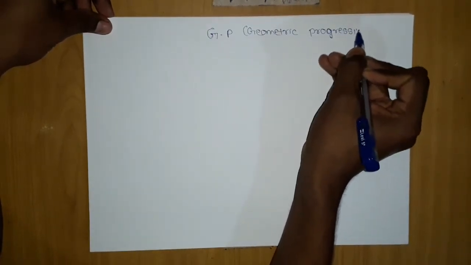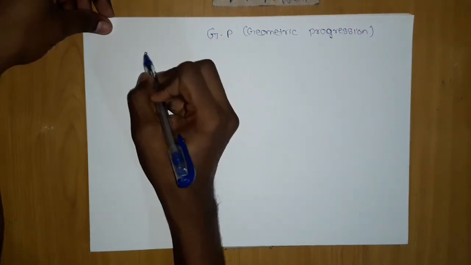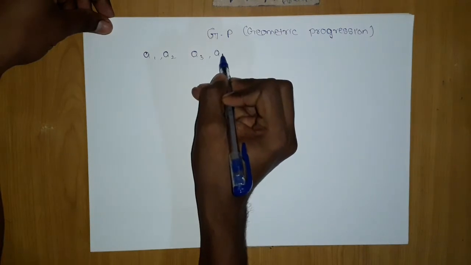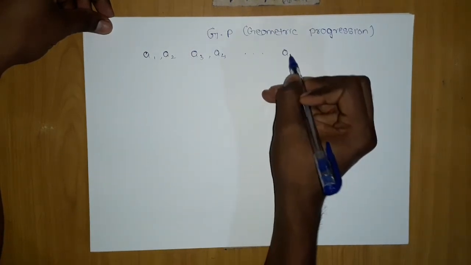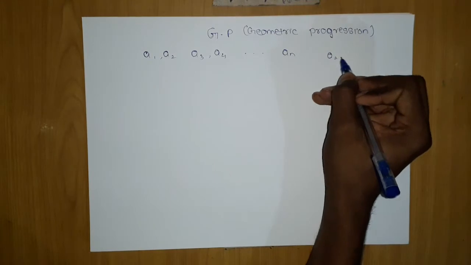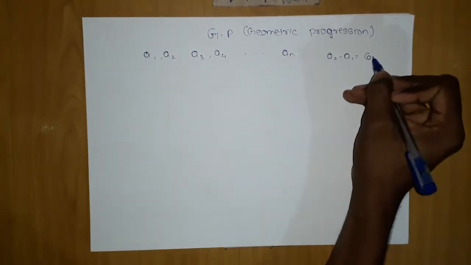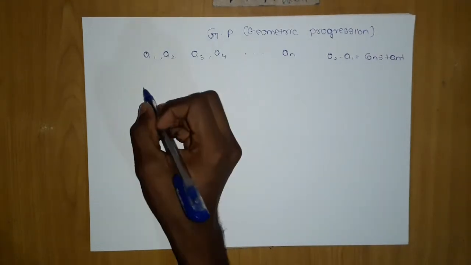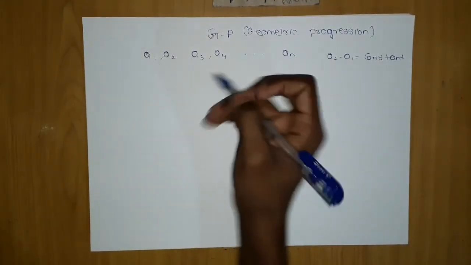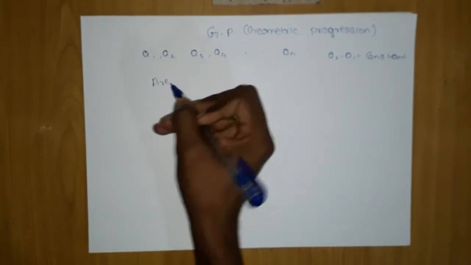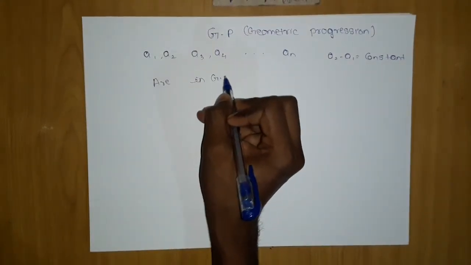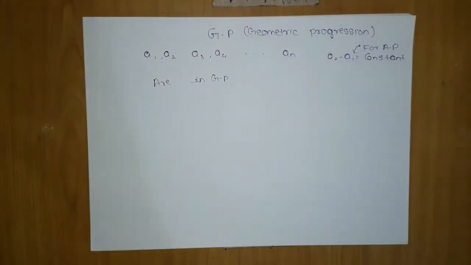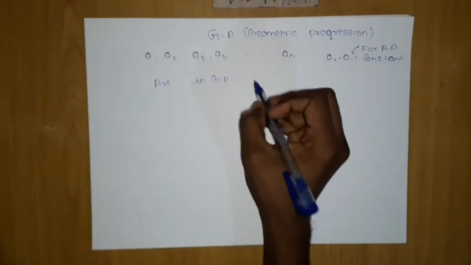Now, like in AP, if I take the terms A1, A2, A3, A4 till AN, in AP, A2 minus A1 was constant, remember. While in GP, if I say these terms are in GP, what does it mean?